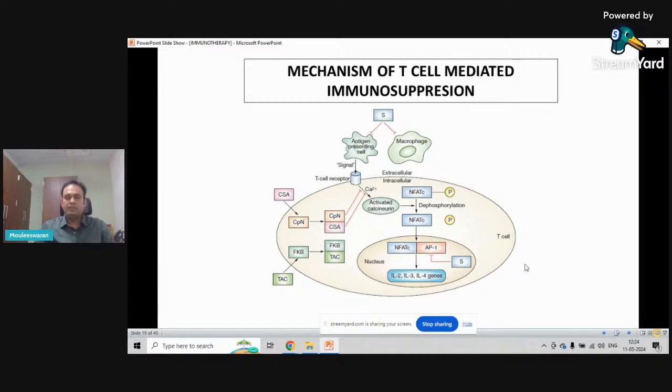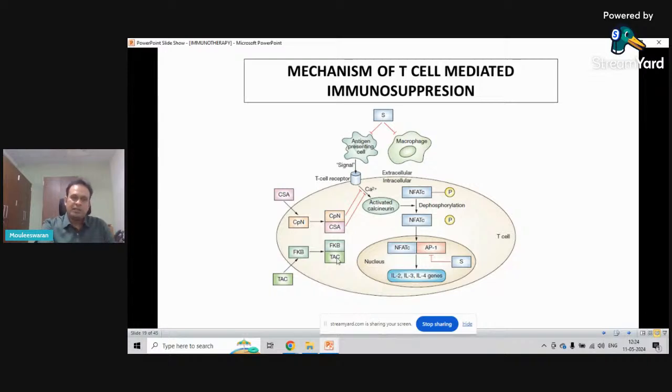So when coming to T cell mediated immunosuppression, whenever the antigen presenting cell presents the antigen to the T cell receptor, there is an activation of a membrane protein called calcineurin, which in turn causes upregulation of the transcription factor NFAT. This NFAT binds with the promoter region of the interleukin genes, thereby increasing the transcription of interleukins.